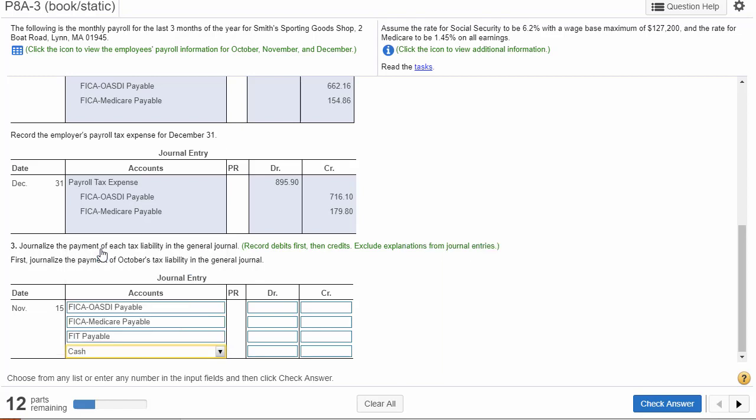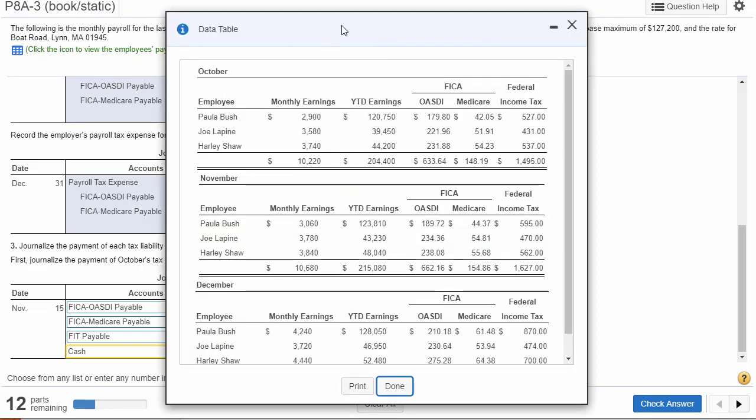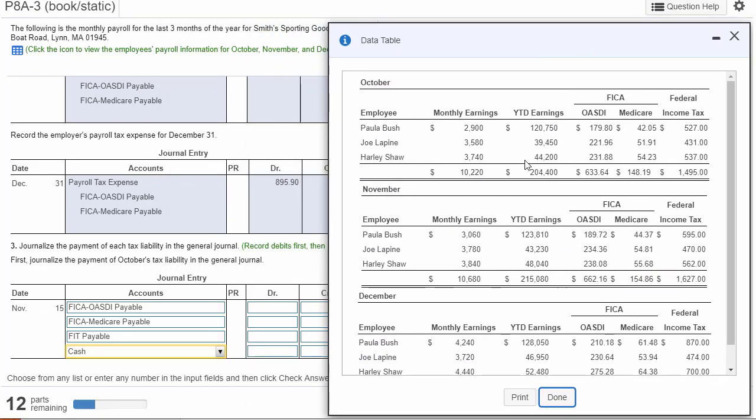So now we just need to figure out how much that amount is going to be. We go back up to here and open this up. Notice we're doing October, so we're going to look at October, and let's look at October's OASDI.